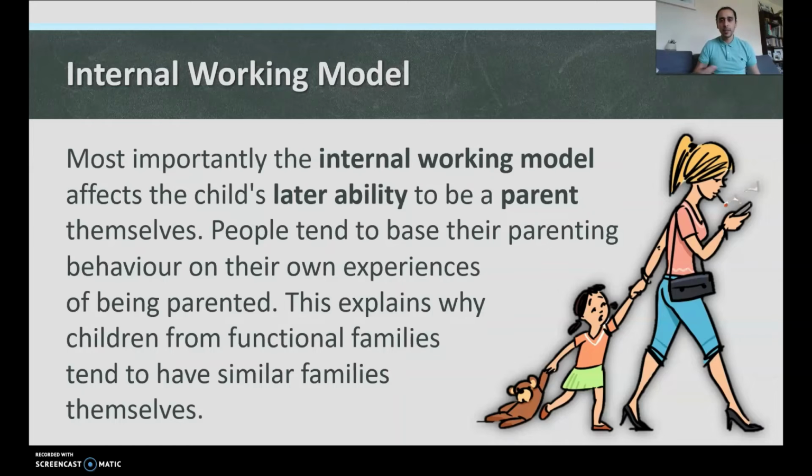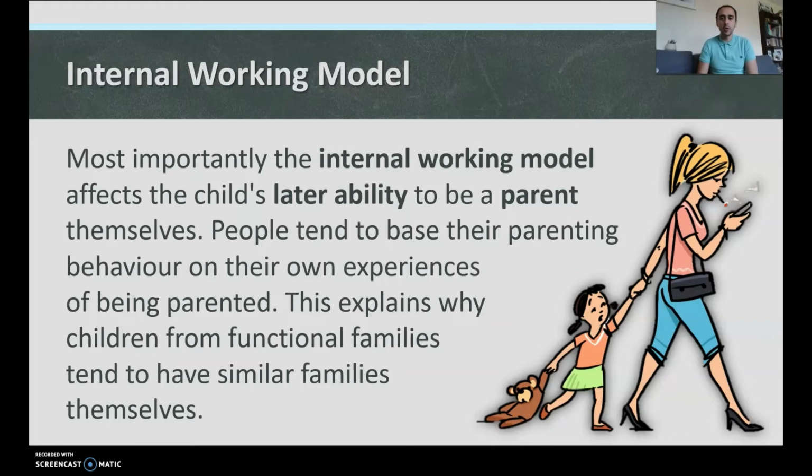So, if you're a child and say, for example, you don't have a very good childhood and you get beaten as a child, according to Bowlby, you will create an internal working model, and what we'll find is your later ability to be a parent will be reflected in your parenting style as well, and therefore make it more likely that you will beat your children as well.